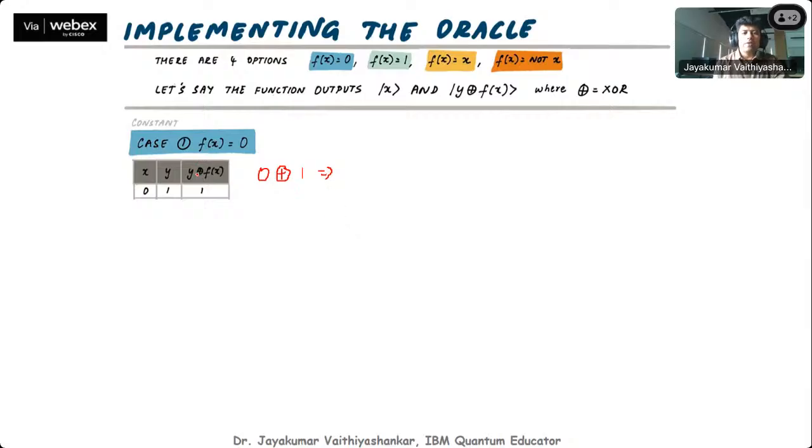Because XOR will give 1 if there is any difference between your inputs. 0 is different from 1, so that is why you got 1.